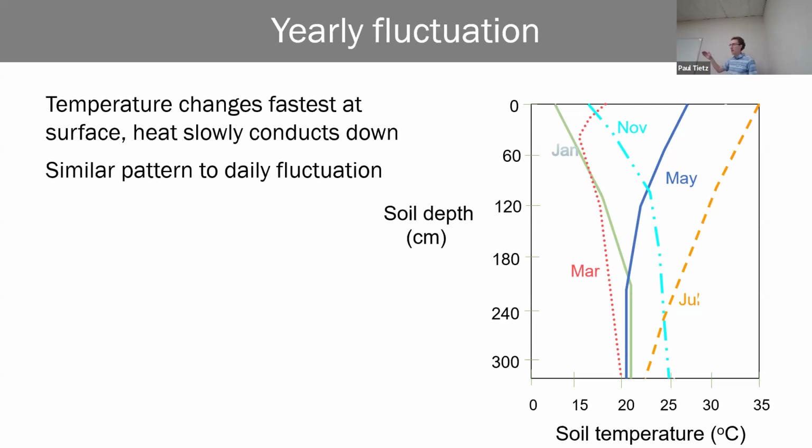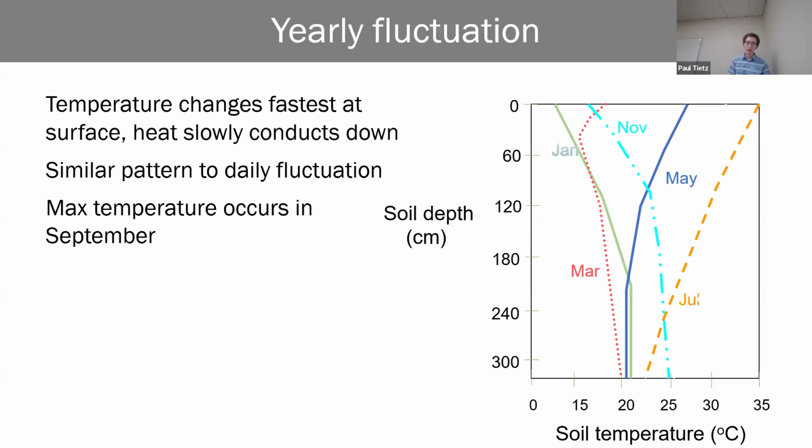And just like we saw in the last figures, where the maximum daily soil temperature was like 6 o'clock, 7 o'clock, kind of early evening hours, compared to maximum daily air temperature at like 3 or 5 p.m., there's a lag there. There's also a lag here, where the maximum temperature might occur in September, where the soil has been gaining heat.